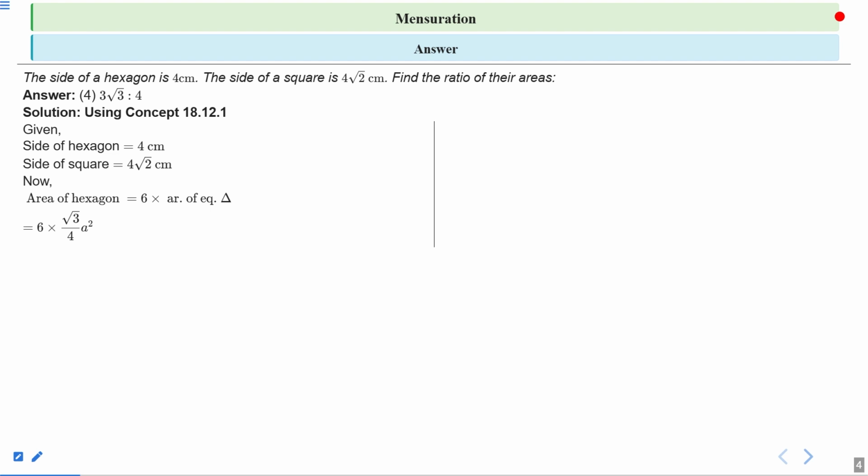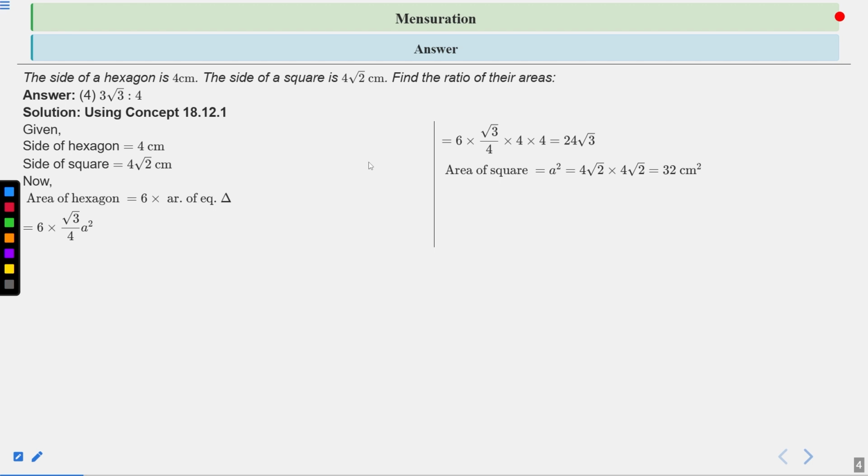So 6 into root 3 by 4 a square, where a is the side. Put the value of the side. So we get 6 into root 3 by 4 into 4 into 4. So 4 will be cancelled out. Then we get 6 into 4, which becomes 24. So 24 root 3 is the area of the regular hexagon.